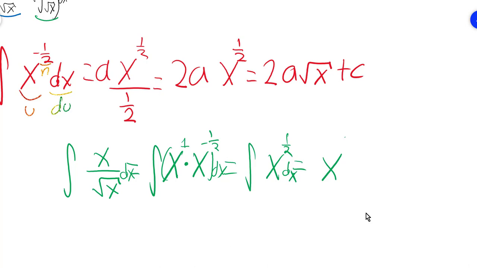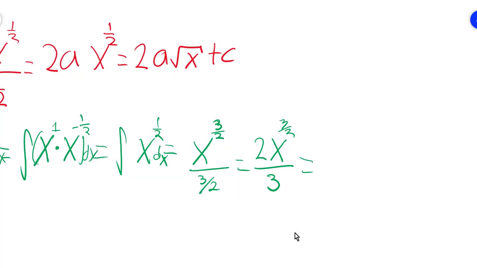We're gonna get x to the 3 halves divided by 3 halves. And this is the same as having 2x to the 3 halves divided by 3. And to put it cleaner, this is the same as having 2 times the square root of x cubed. There we have it, buds. So this is the answer, plus c.